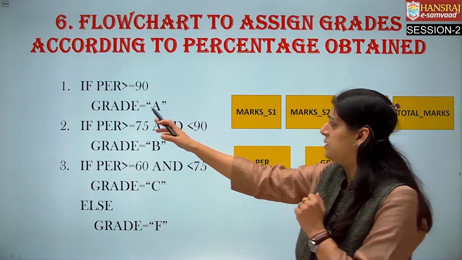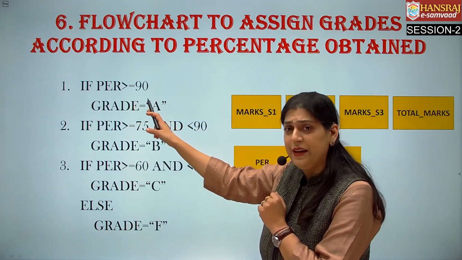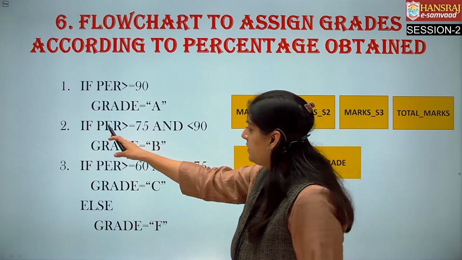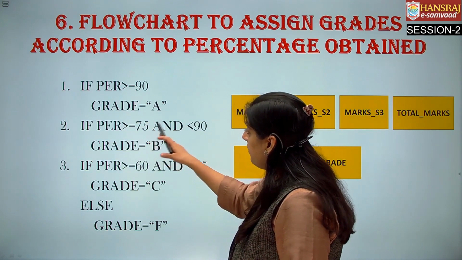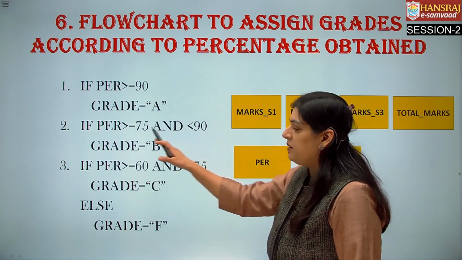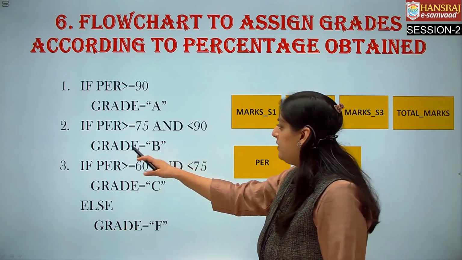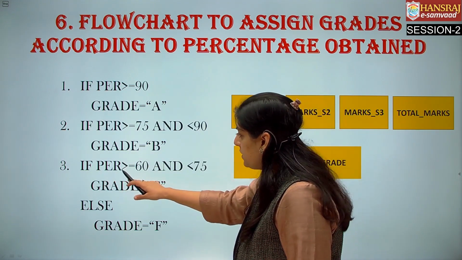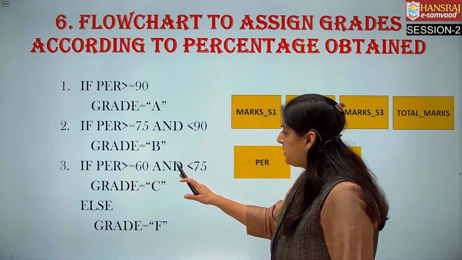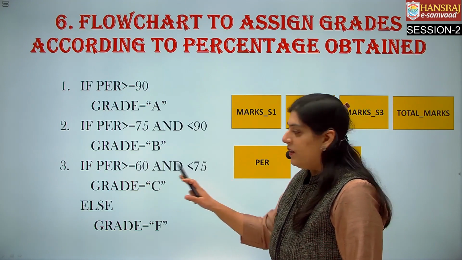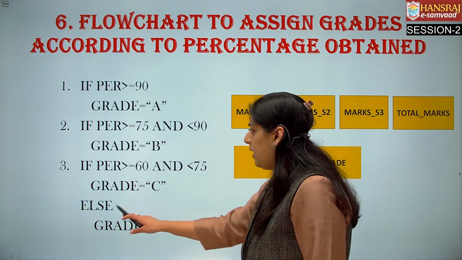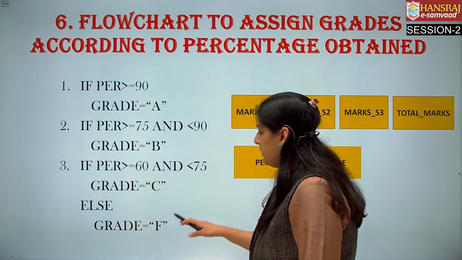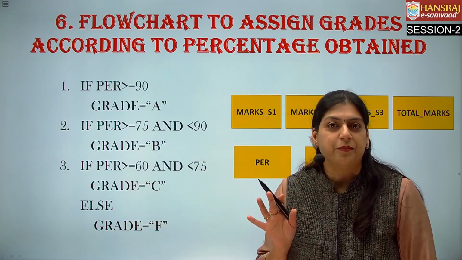Let's say if the percentage is greater than or equal to 90, you assign the grade as A. If the percentage is greater than or equal to 75 and less than 90, that is between these two values, then the grade will be B. If the student has obtained the percentage greater than or equal to 60 and less than 75, the grade assigned will be C. Otherwise, that means less than 60, I am considering it as grade F.